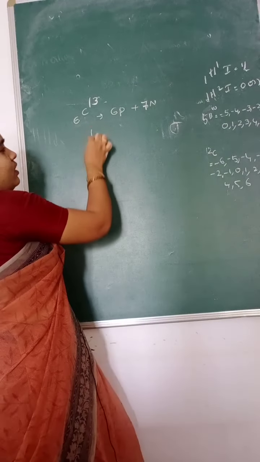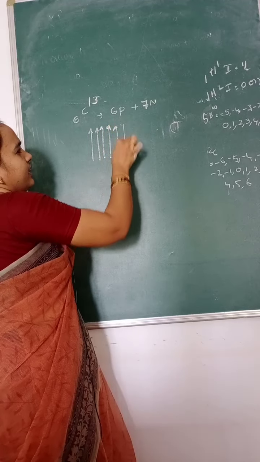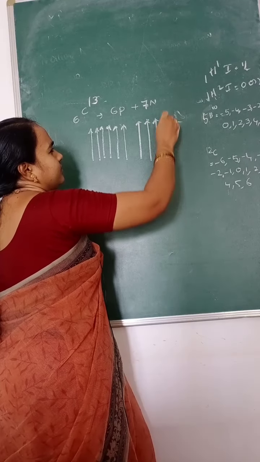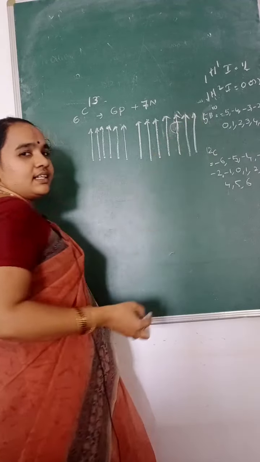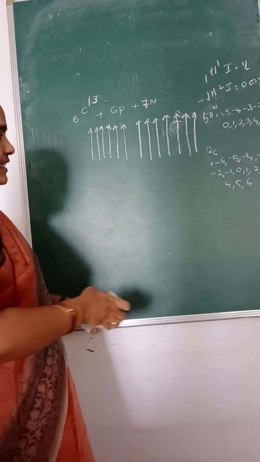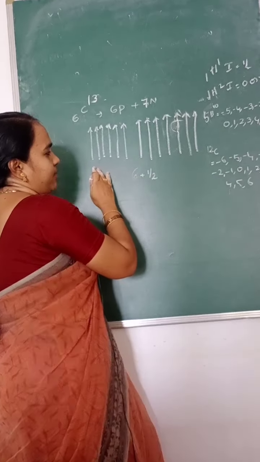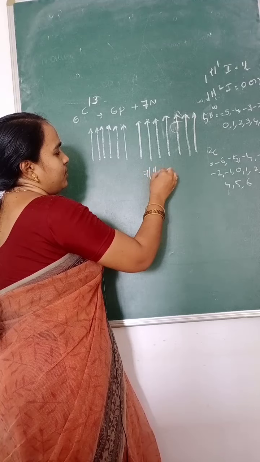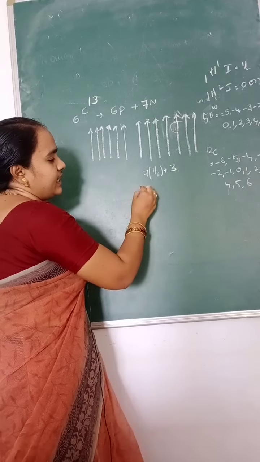So if all the protons are oriented in the upward direction, and if all the neutrons are oriented in the upward direction, then the resultant spin is 1, 2, 3, 4, 5, 6, plus half. 1 by 2 plus 1 by 2 plus 1 by 2, that is 7 into 1 by 2, plus 3. So that is we are getting the fractional values.